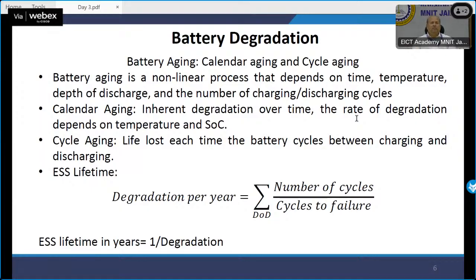There is a very interesting philosophy known as battery degradation. Why is it important? Because when you purchase a battery from the market, you will ask what the warranty or guarantee of this battery is. They will not say much about it.